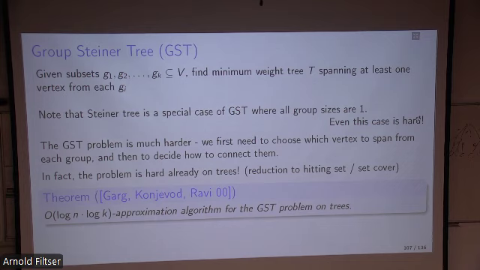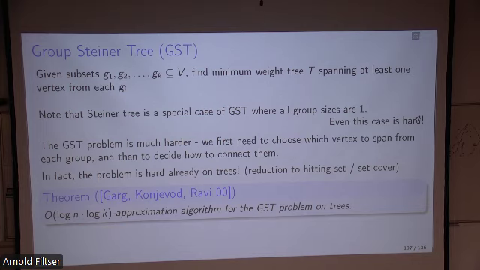And here the approximation factor is log n log k. k here is the number of groups in the problem. And what we want to do is to generalize. So we'll not discuss how they do it. It's again some complicated algorithm, but what we'll see, and it will be simple, is how to reduce from this problem on a tree to a problem on general graphs, which is, I mean, in trees, at least seems somehow approachable.